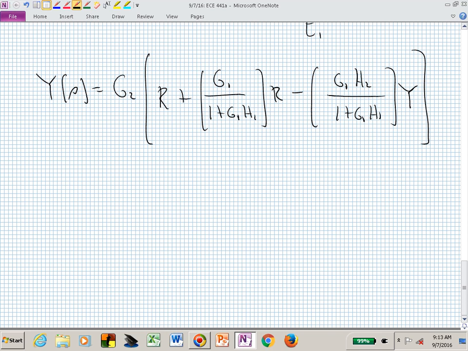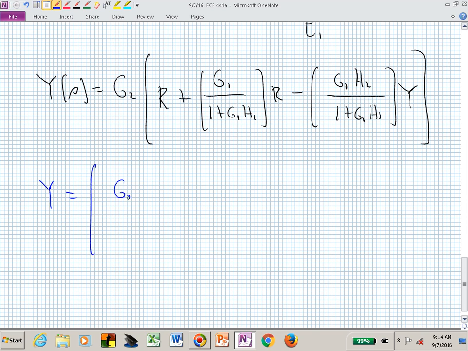To simplify that, let me put all of this over a common denominator. I want G2 that multiplies R in that first term to also contain in its denominator 1 plus G1H1. And I can always multiply by 1.